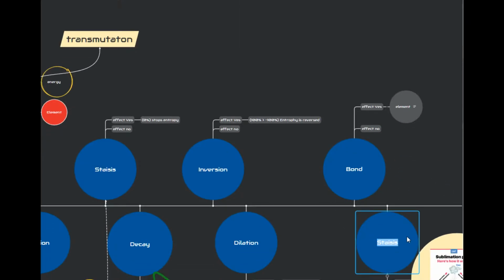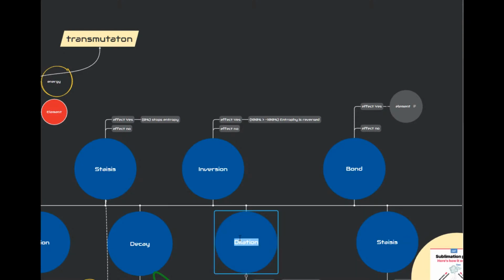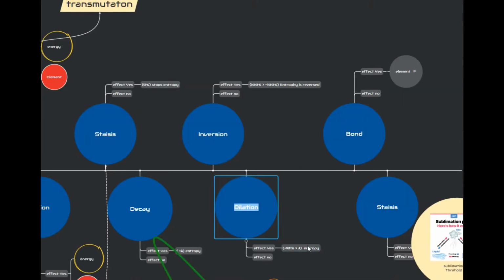So stasis and we can say entropic dilation. Okay, so contraction, we'll use that word.